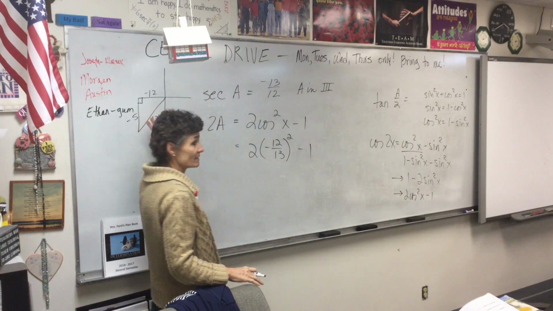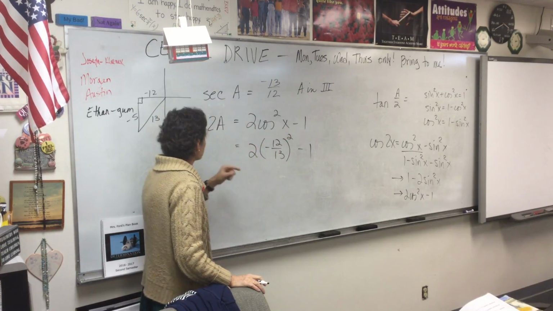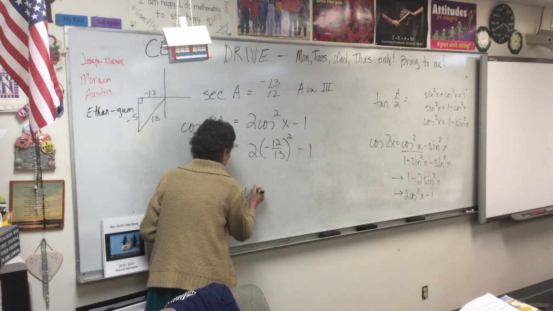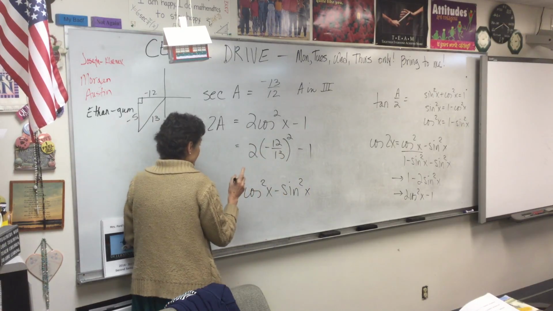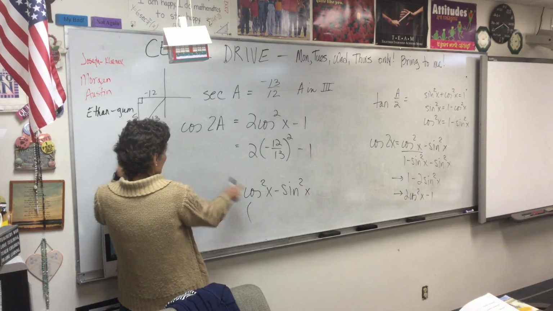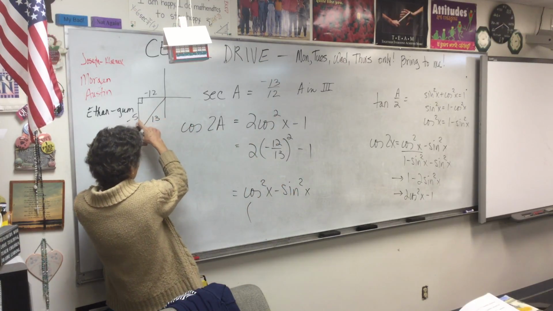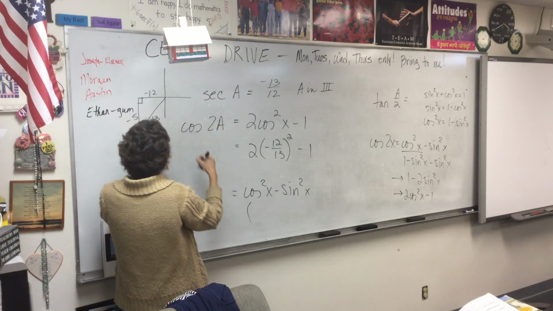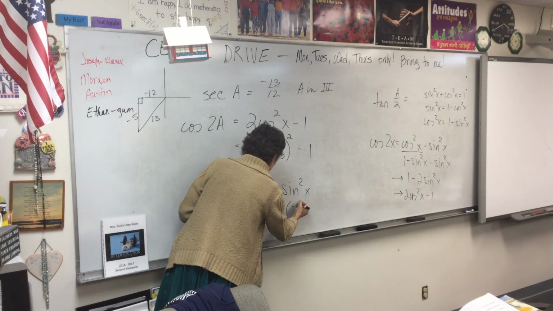So I really don't even need my picture if I use this identity. If I use cosine squared minus sine squared, it's fine, but I don't know what the sign is. They didn't tell me, so I'm going to have to get that from my picture. It doesn't matter. You're going to end up with exactly the same answer.